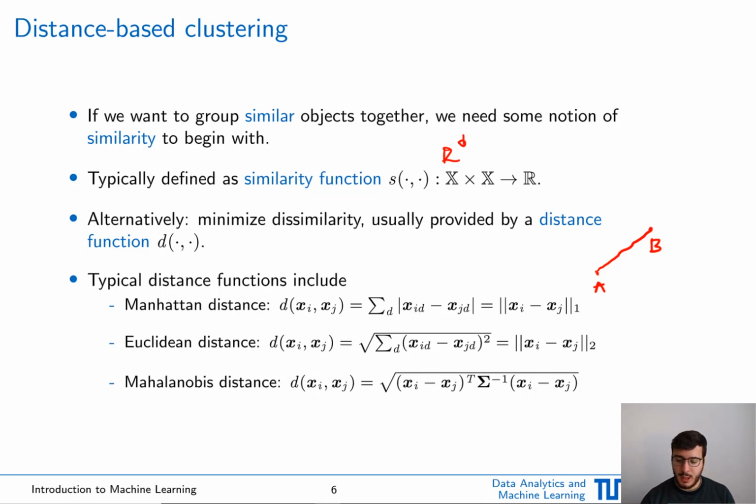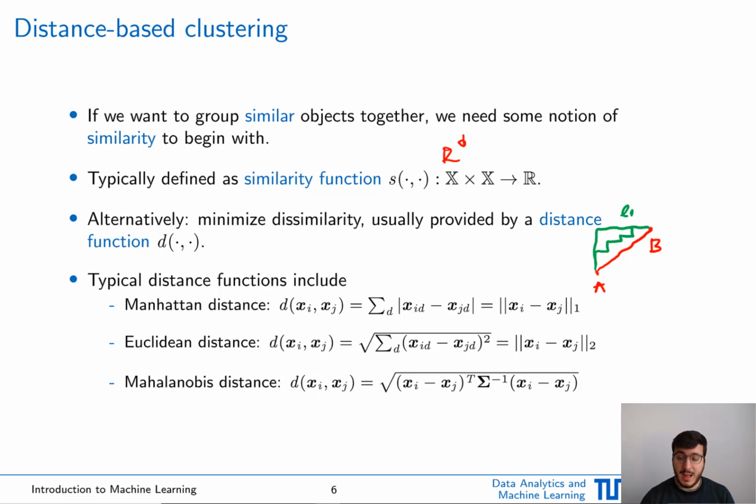However, if we're working with the Manhattan distance, this is now the L1 norm of the difference vector, and the shortest path in L1 norm looks something like this. So this is L1. Also equivalently, you can go something like that.